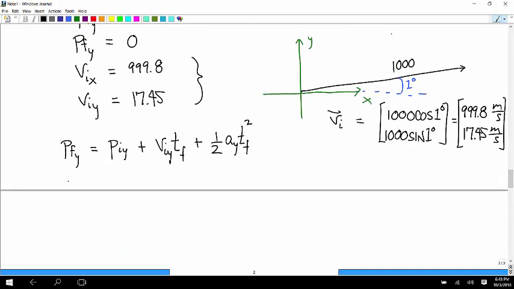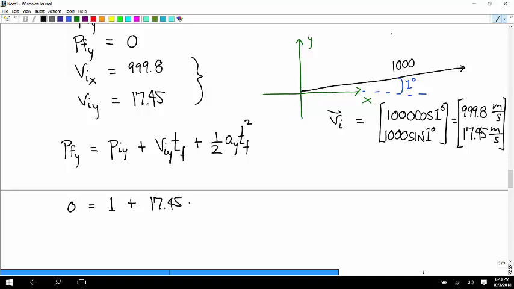Now plug in our values. 0 is equal to 1 plus 17.45 TF plus 1/2 times negative 9.81 TF squared.